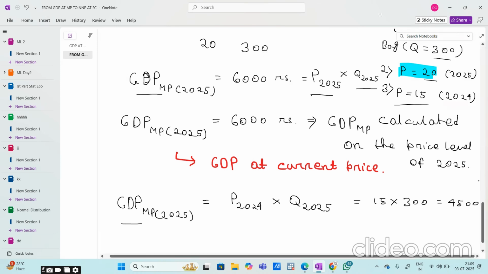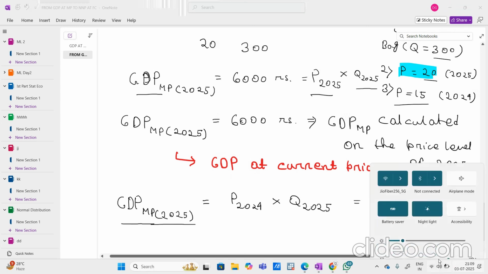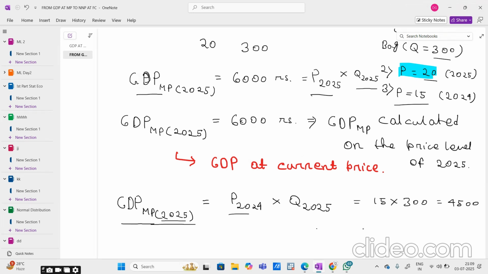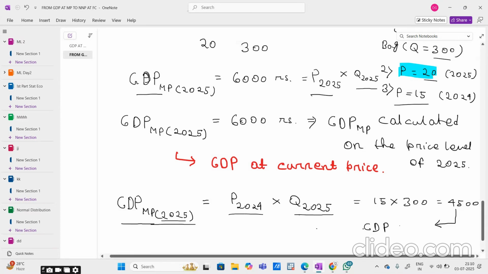So this is the GDP at market price, but this GDP at market price of 2025 is calculated on the basis of the price of 2024. So this is nothing but GDP at constant price.